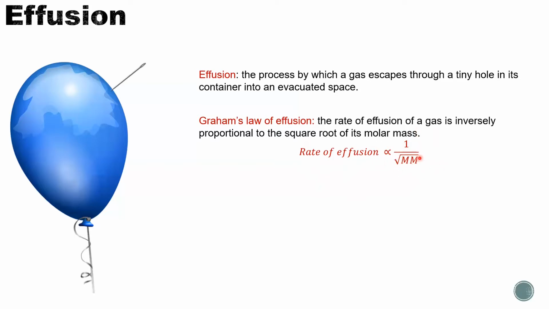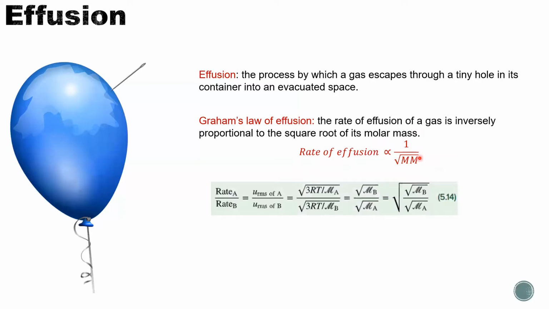In the textbook, you probably also read equation 5.14. It says rate A over rate B of effusion, that is two different molecules, A and B, equals the root mean square speed of A over the root mean square speed of B. And then plug in the average kinetic energy, and we can have this equation.